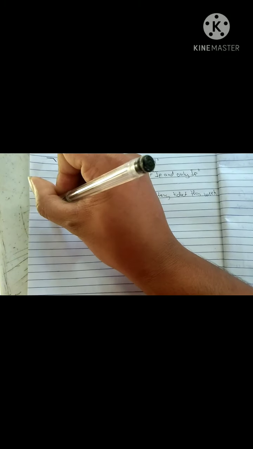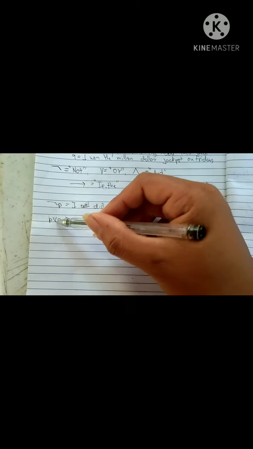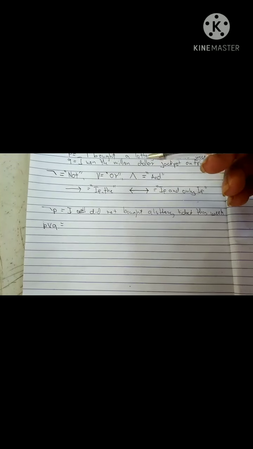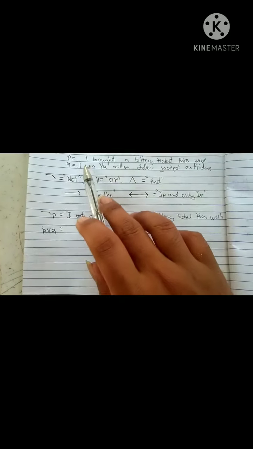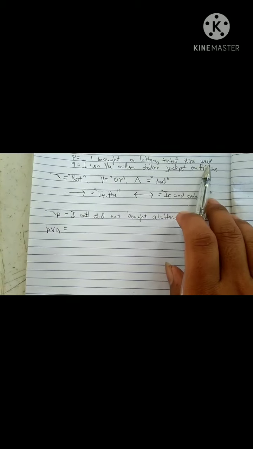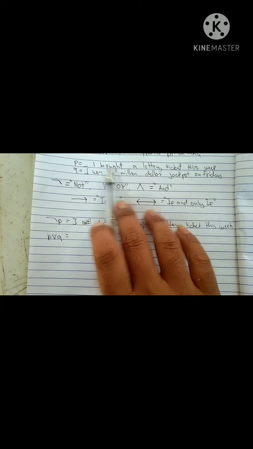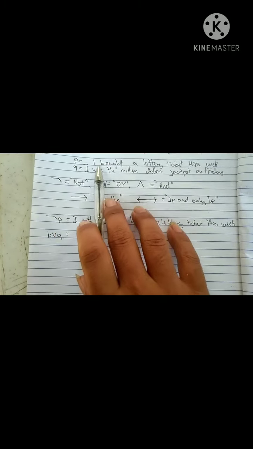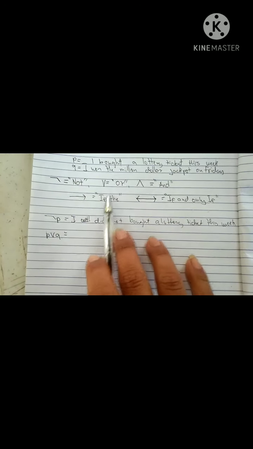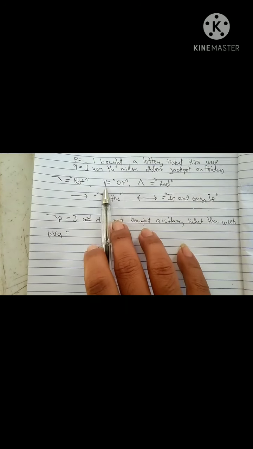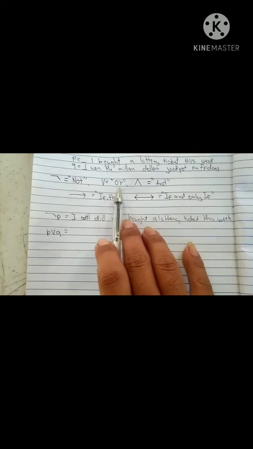Our next logical expression is the conjunction of P and Q. Here we will connect these two propositions, these two sentences, using the equivalent of conjunction, "and."